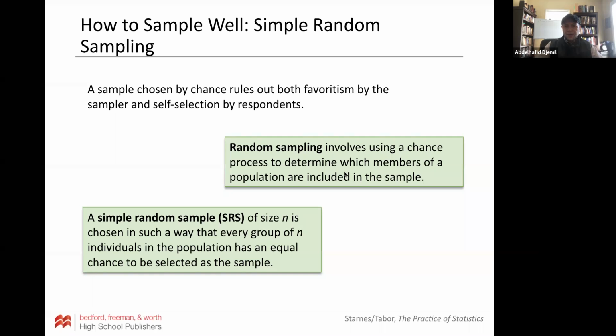So SRS can be one sample, can be many samples. If you have 10 people, you can choose many times 5 people from those 10. You have from 1 to 10, you can choose 1, 3, 7, 8, and 9, you can choose 2, 4, 6, 7.